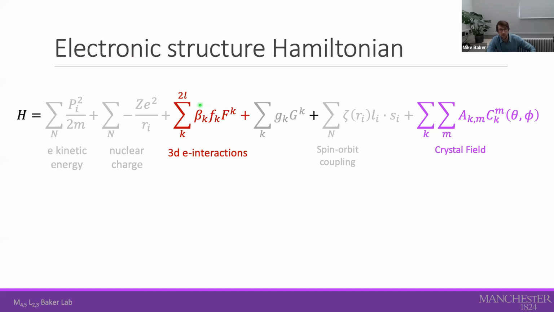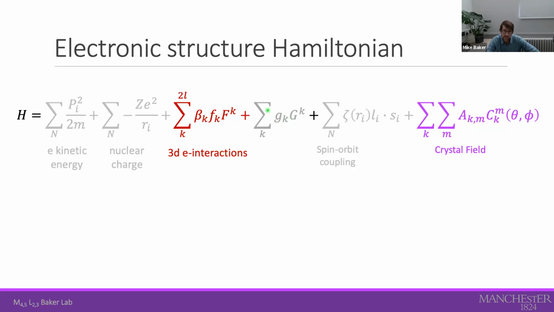And there are two free parameters for an octahedral compound for simulating the pre-edge. One is what I've called here beta, and that is the scaling factor to the electron-electron interactions. And the other is the crystal field parameter, A40, or what is more commonly referred to in terms of Dq.